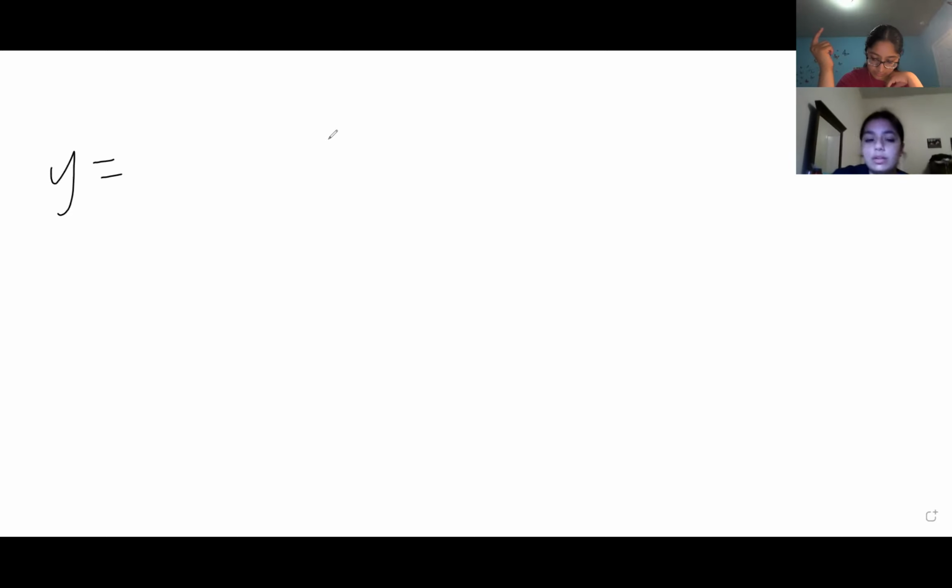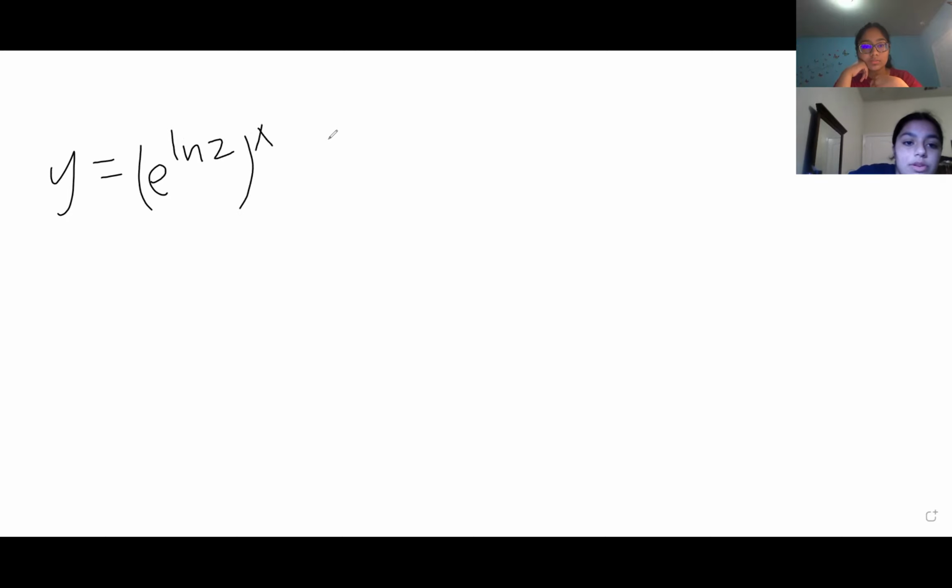If we use the chain rule on e to the power of ln 2 to the power of x, would it be x e to the power of ln 2 to the power of x minus 1? Is that how we would write it?